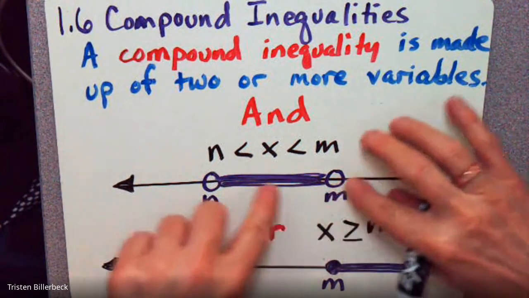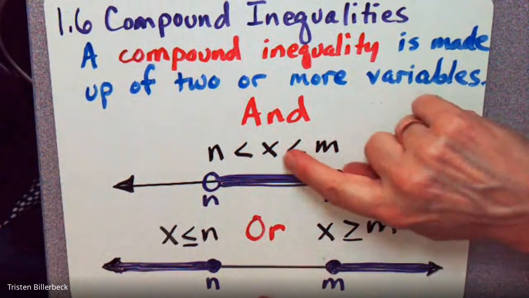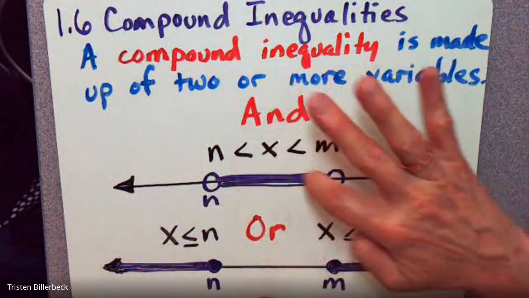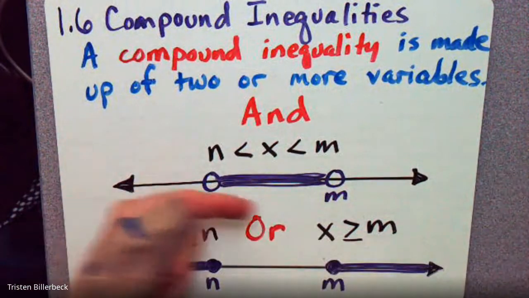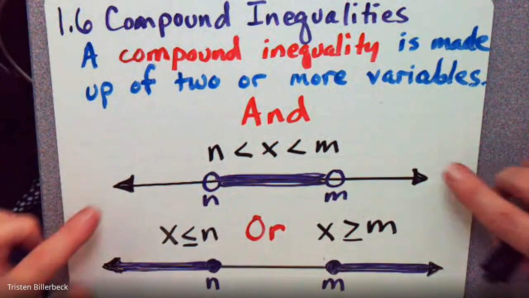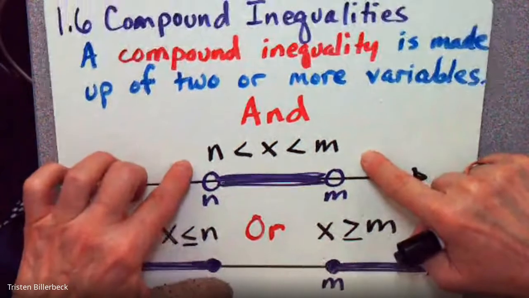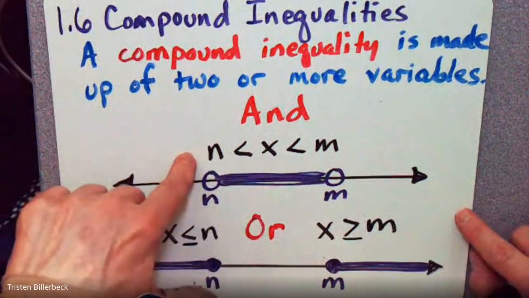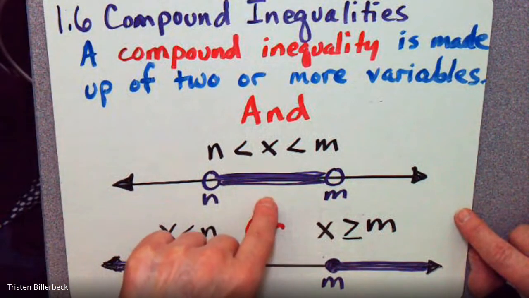Now the reason why this doesn't continue on together, because x is going to be less than m, and it doesn't go on forever here, and it doesn't go on forever here, because both conditions have to be met at once. Okay, so that means x has to be greater than n, and it also has to be less than m.